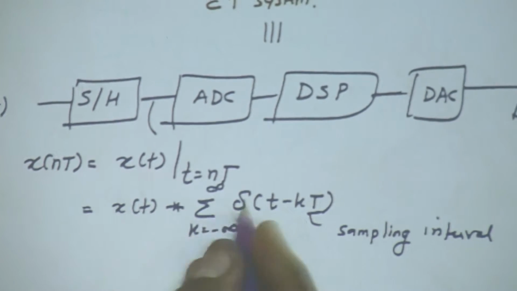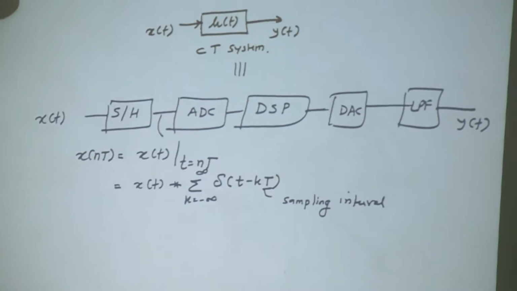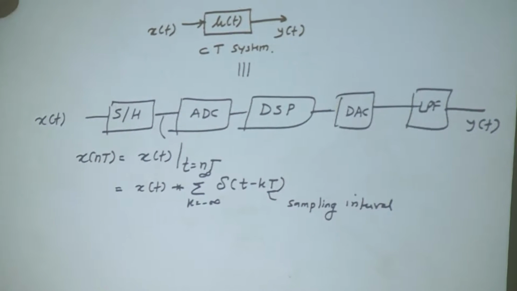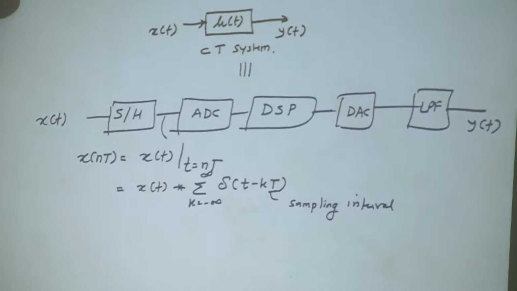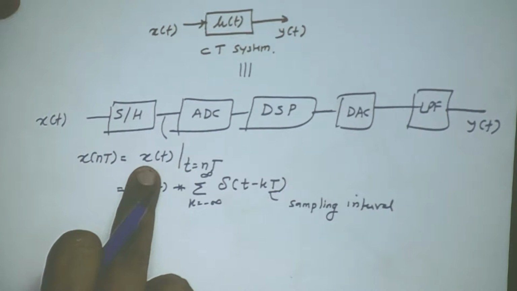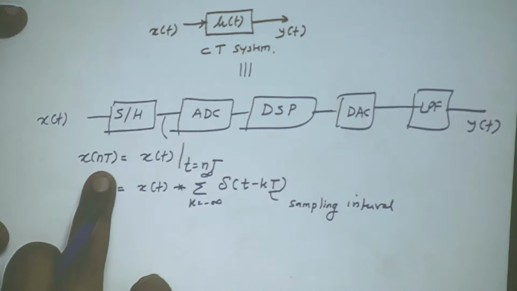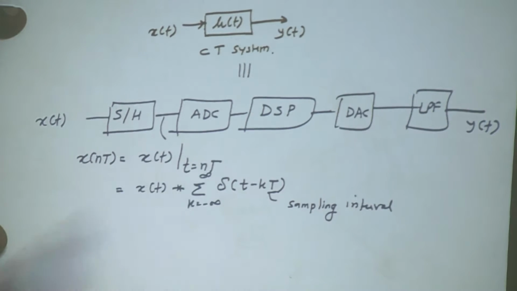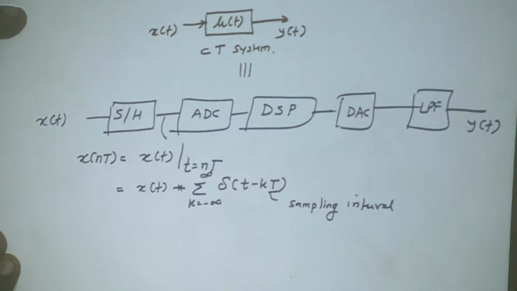So it's multiplication of these two signals. When a continuous time signal or analog signal is multiplied by a train of impulses, what will happen? This becomes a sampled version, x(nT), which is x(t) at t equal to nT. Are you with me?